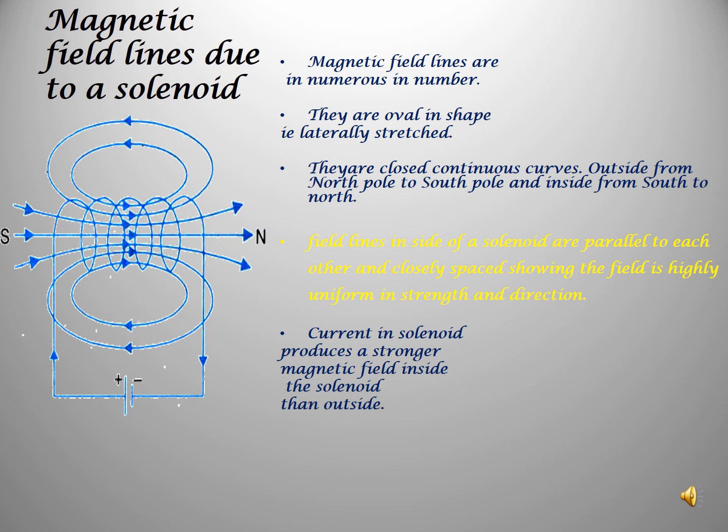This is a very useful characteristic for a solenoid. Inside, the magnetic field lines are parallel to each other, which gives you the idea that inside the magnetic field is uniform in direction and strength. The current in a solenoid produces a stronger magnetic field inside the solenoid than outside.